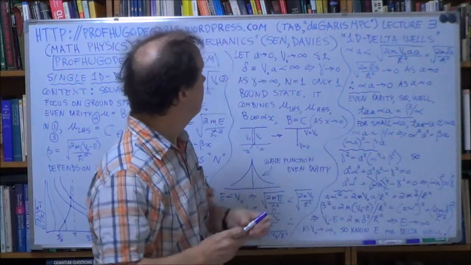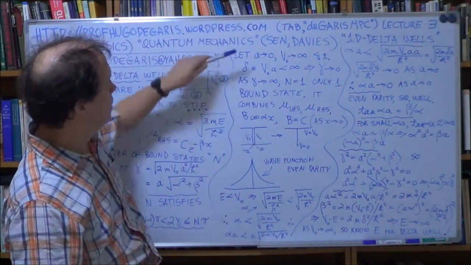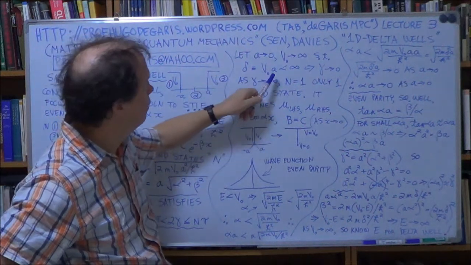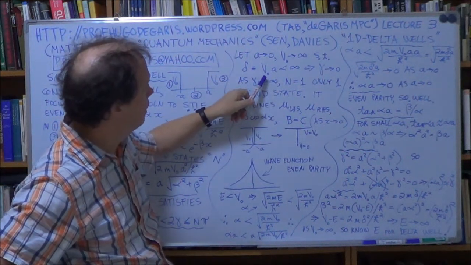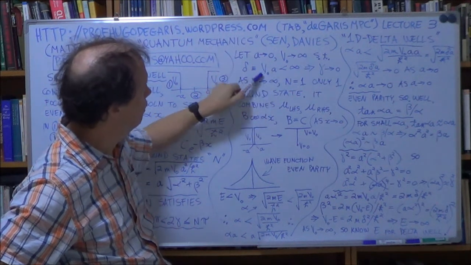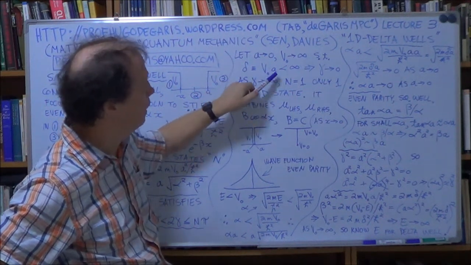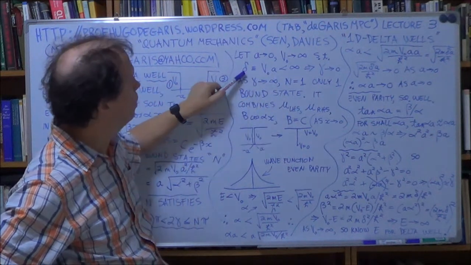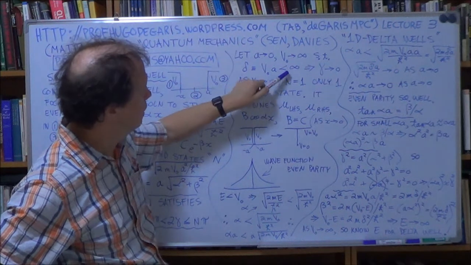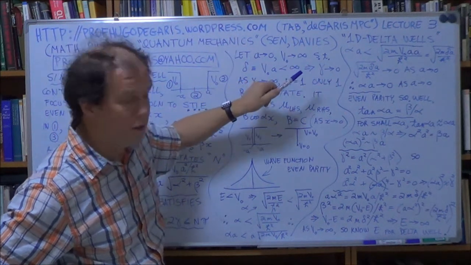Okay. All right. Now, so that's what I'm just saying here. Now, call this product of the width, A, times the depth of the well, V naught, so call this product A V naught or V naught A, same thing. Just call it delta, right? And this delta is less than infinity, so it's finite, right?